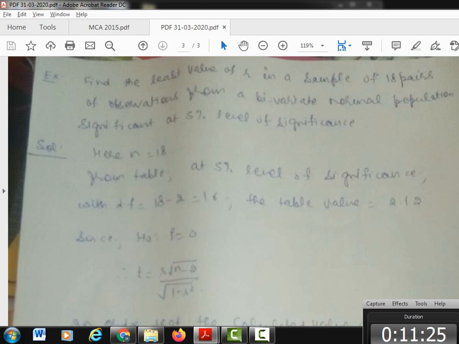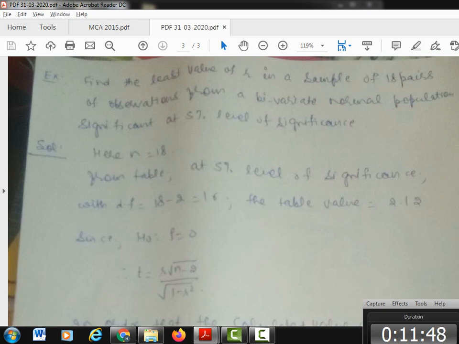I have discussed with you what the degree of freedom is. It is n minus 2, and n is 18. So from the table, at 5% level of significance with degree of freedom n minus 2, that is 18 minus 2, which is 16, the table value you can check from your tables, that is 2.12.